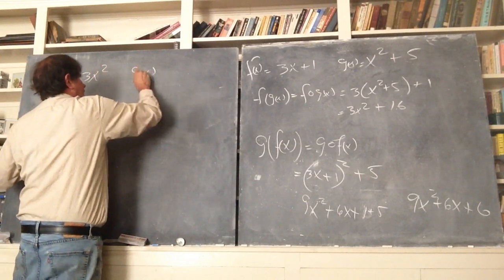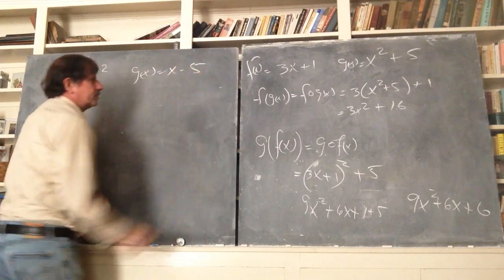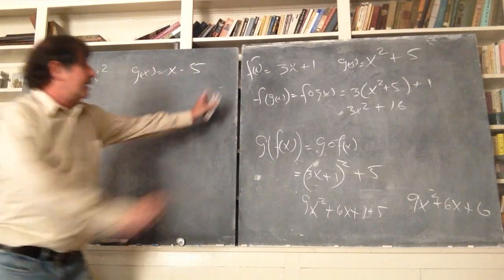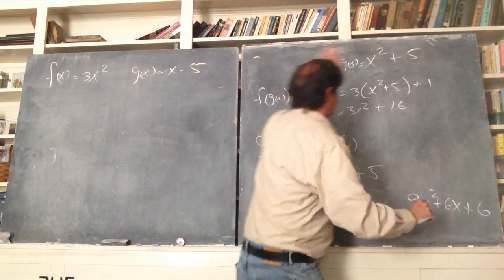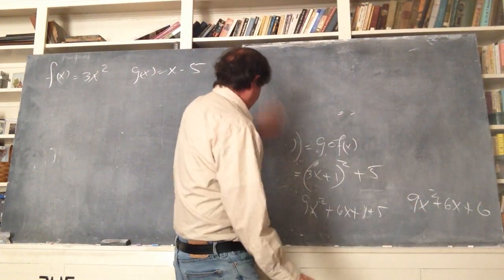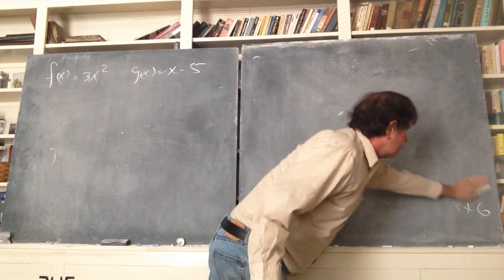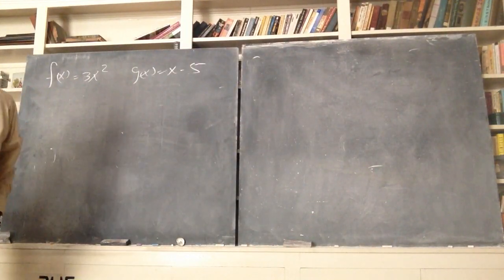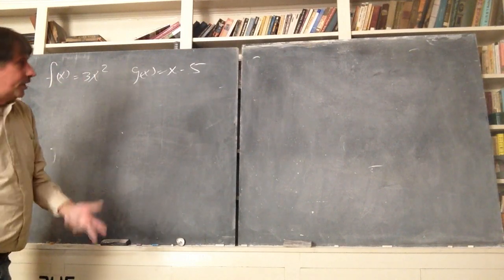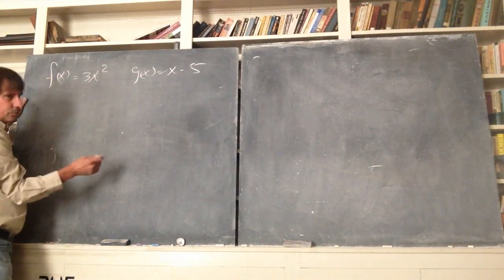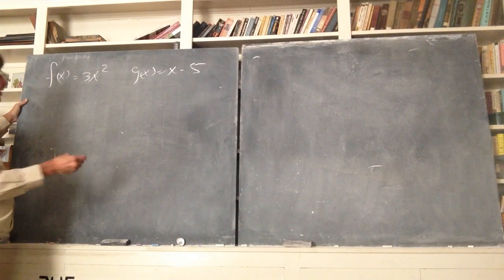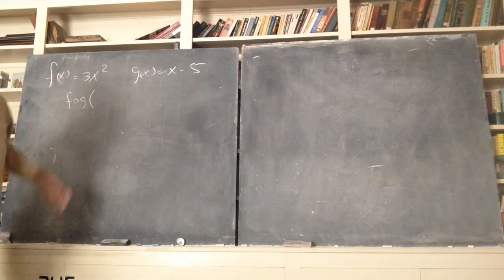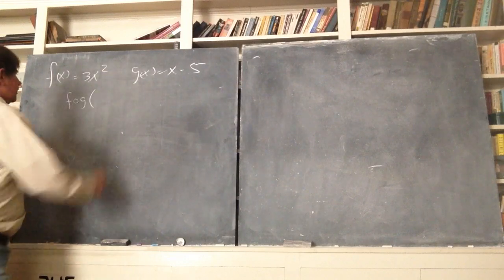I'm going to erase the others because this is a different example. Sorry, they're so similar. My point is, we can do f at g at x, we can do f at g at f at x, or we can go f∘g at a unique point, such as -1.